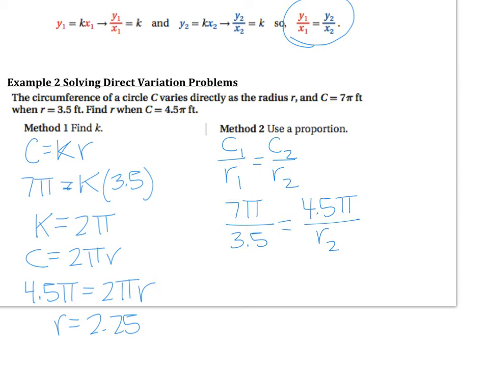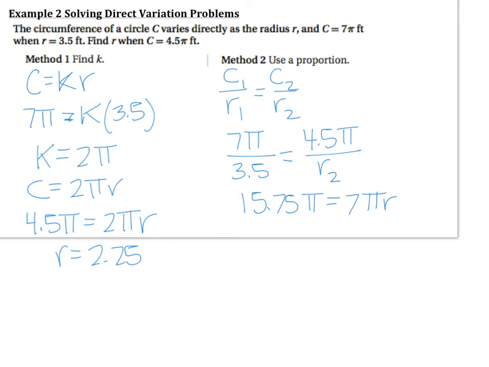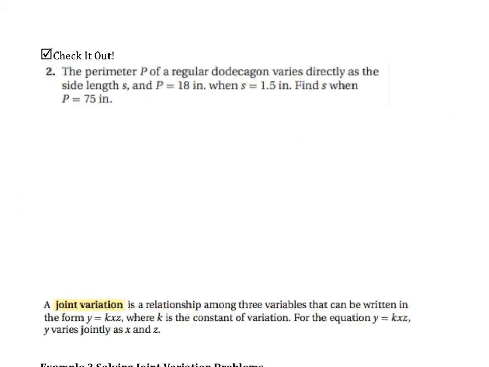Cross products are equal. And then divide by 7 pi, and you still get 2.25. I don't typically use that second method, but you are more than welcome to use that.